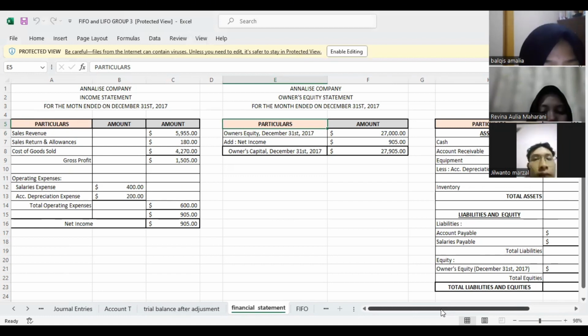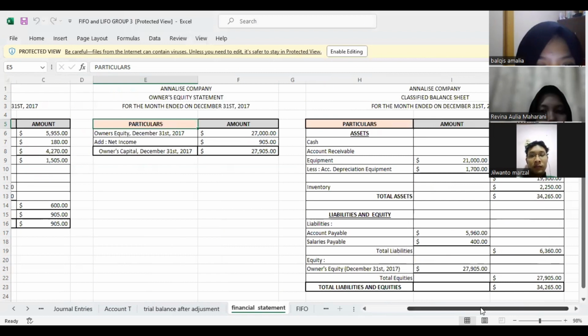We add up both of those operating expenses, and the total operating expense is $600. And after that, the gross profit $1,505 will be minus the total operating expense $600. And it will be the net income, about $905.